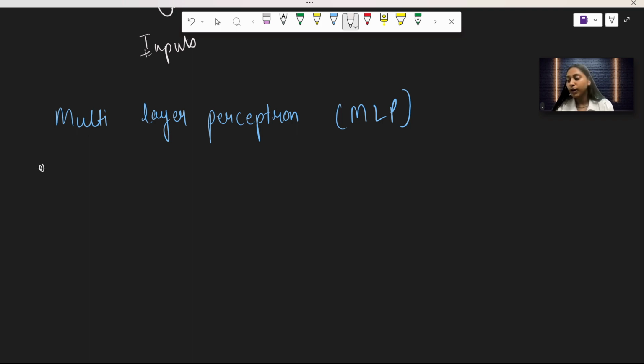So it includes one or more hidden layers. The previous one does not have any hidden layer, but here it includes one or more hidden layers.